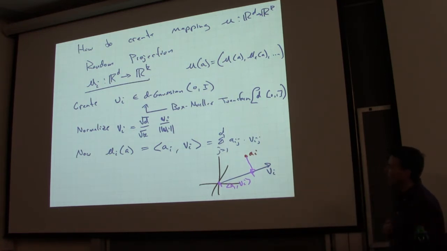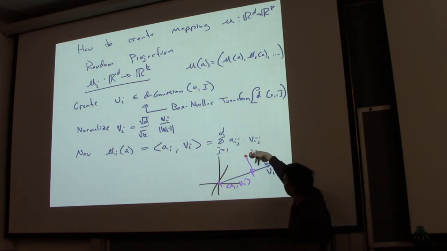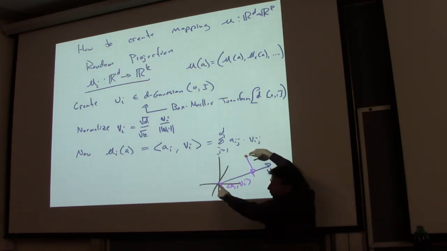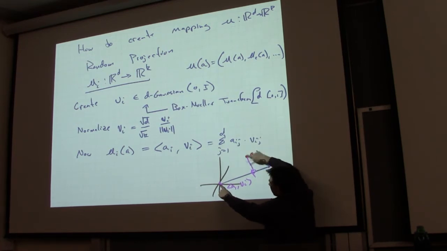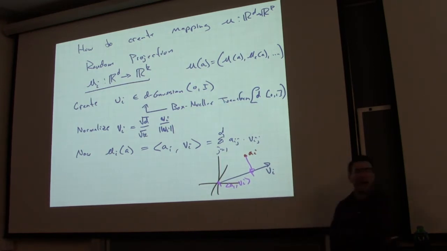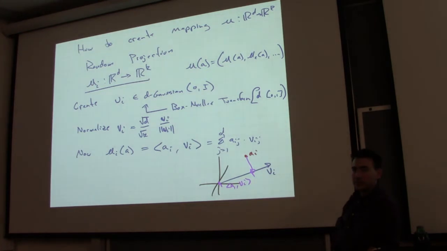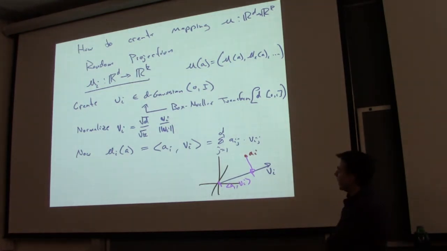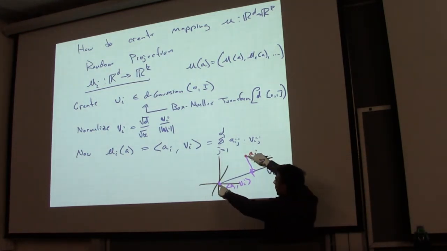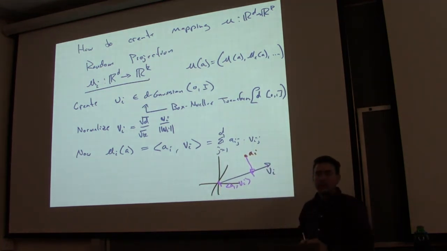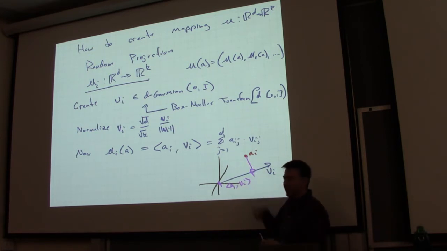I've done that because whenever I do a projection onto another space, this was the origin before, so the distance from the origin is shrinking, and it tends to shrink a lot. If I look at the squared distance from the origin, the square of the 2-norm of this point, then if I just look at the coordinate axes, it's the sum of the squares of each of the coordinates.